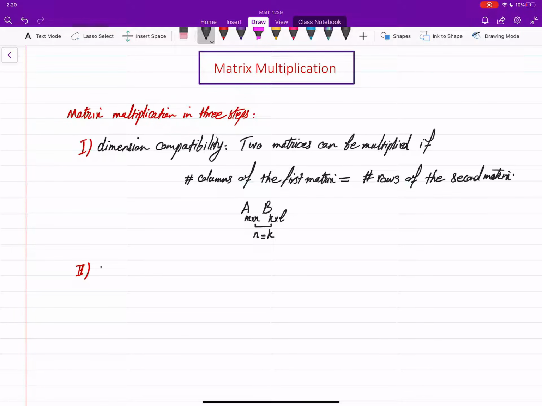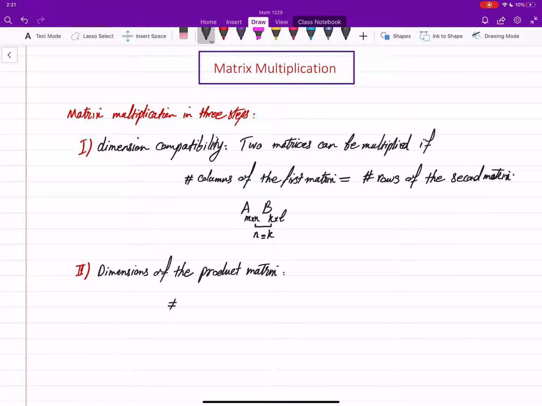What would be the dimensions of the product matrix? In other words, now that A can be multiplied to B, what would be the number of rows and number of columns of AB? So this is what we have.